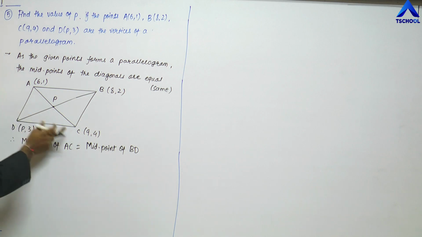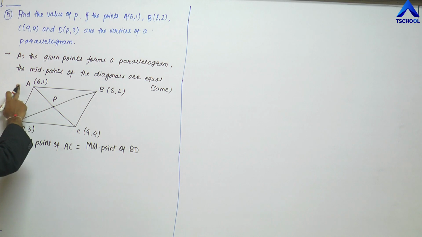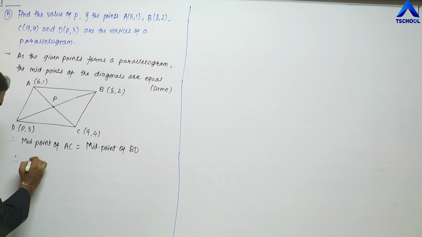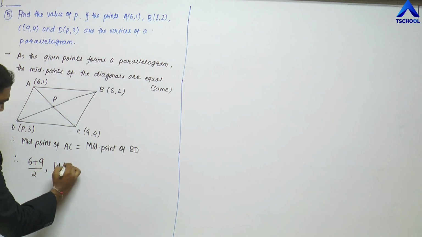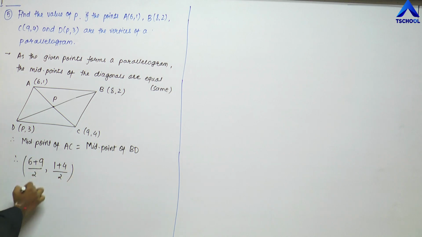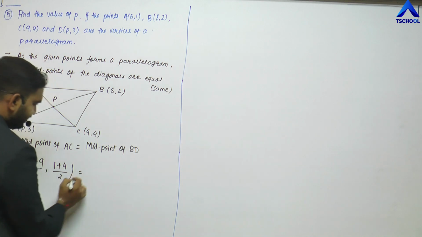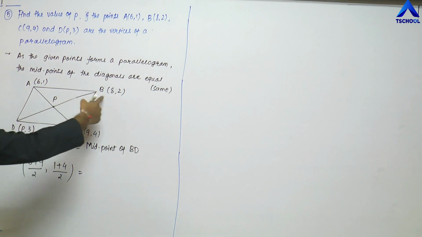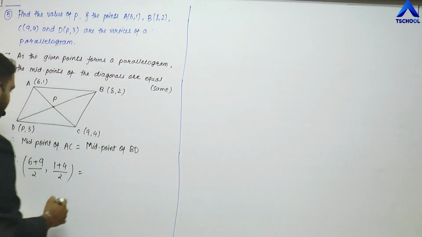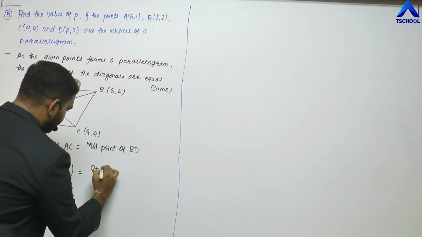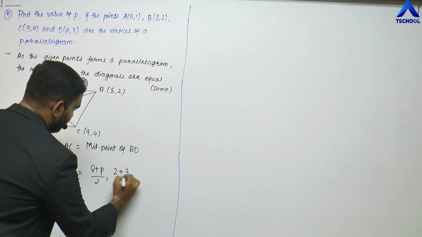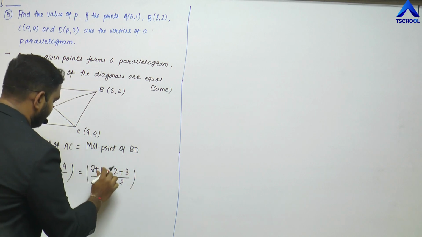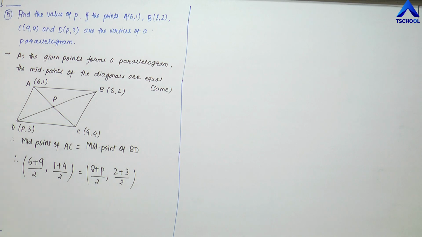If you are using the diagonal AC, then we shall take A as x1 y1 and C as x2 y2. Therefore 6 plus 9 by 2 comma 1 plus 4 by 2 is equal to, same as that for BD, we shall take B as x1 y1 and D as x2 y2, that is 8 plus P by 2 comma 2 plus 3 by 2, right? So this is the midpoint theorem.